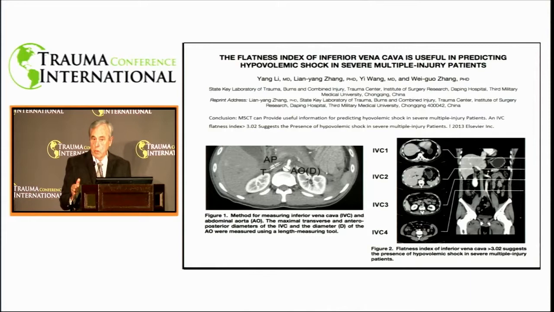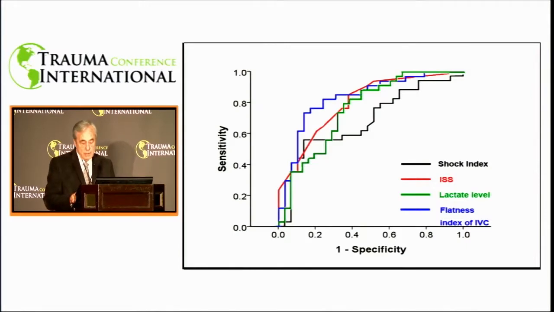The most dynamic and fastest way would be with echo, but there are situations in which, even with wonderful echo to help decide whether we give volume or not, in serious trauma and in intensive care patients, we can use methods such as scanners that look at the diameter of the inferior vena cava. This method, the dark blue, shows the flattening of the vena cava, and it is estimated to be the best indicator as to whether the patient will respond to volume or not.